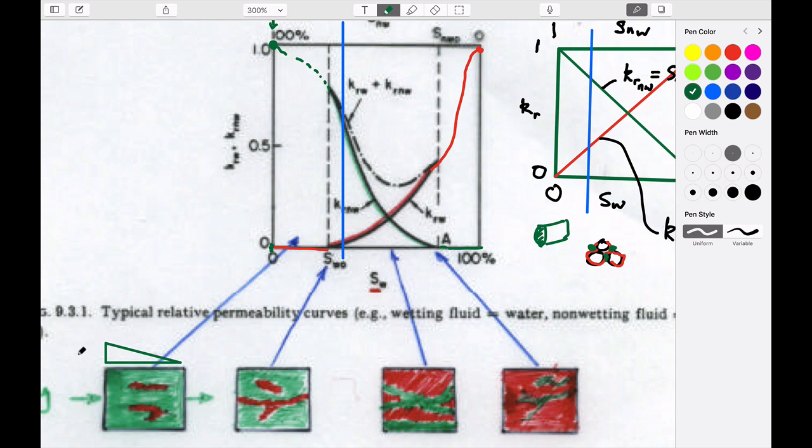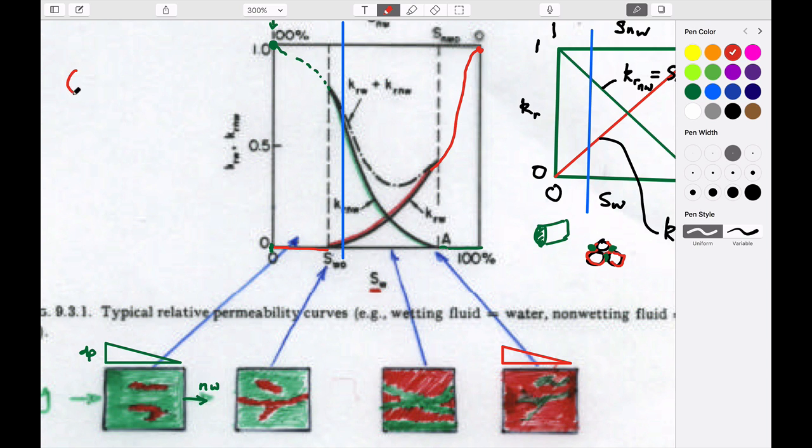Then from what we talked about before, the only fluid that you get out of here would be the non-wetting fluid because it's continuous. The red isn't. Likewise, when we look at here, the only fluid that you get out by applying a pressure gradient across it is going to be the wetting fluid, which is the red fluid, because the green fluid now is no longer continuous across here. And so we can use that to calculate the volumetric flow rates of each of these fluids.